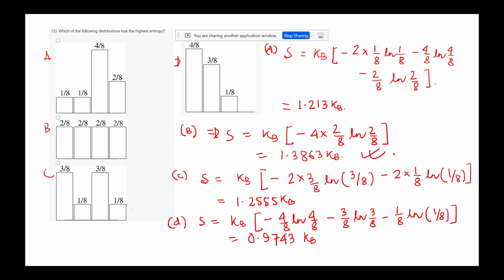So we can write that the most equally probable distribution has the highest entropy.